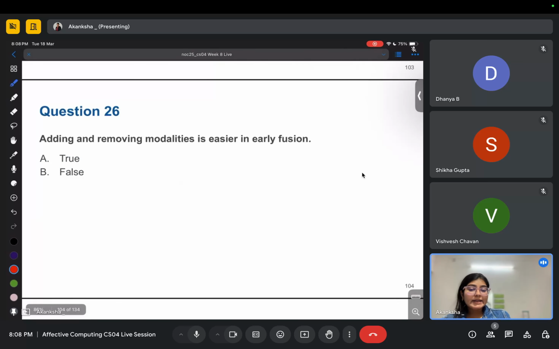Then, adding and removing modalities is easier in early fusion. Okay, this question is very interesting and very important, so please pay attention to this one. In early fusion, we are combining the modalities.